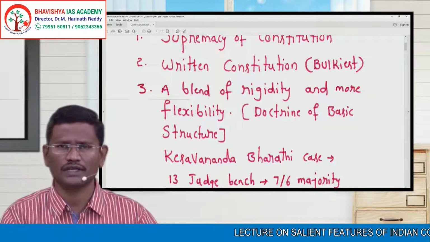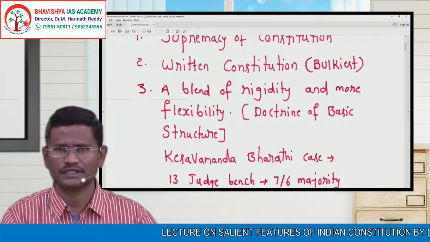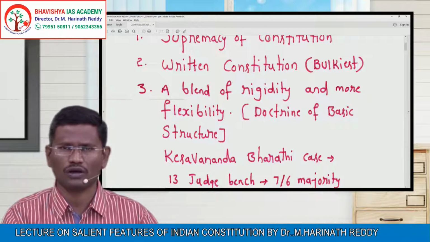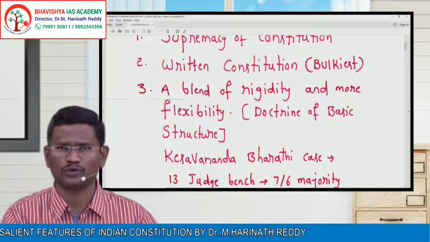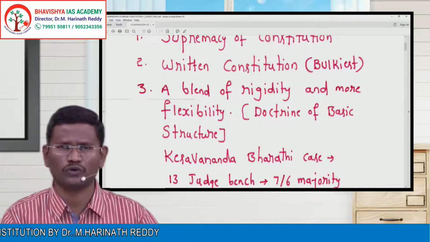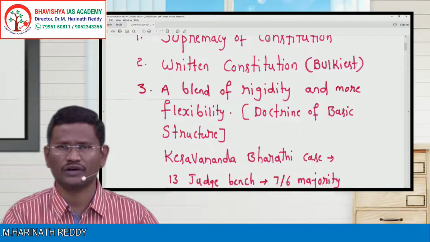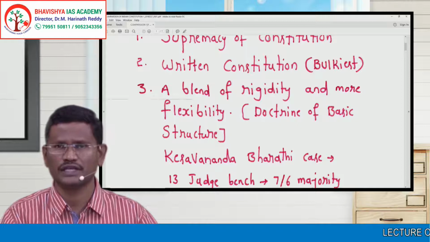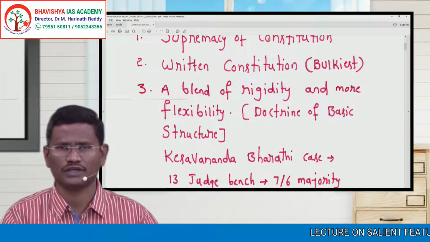The most recent amendment is the GST, Goods and Services Tax. The 101st Constitutional Amendment Act is the most recent amendment to the Indian Constitution, which provided for the replacement of indirect taxes of the central and state governments with one tax, GST, Goods and Services Tax.